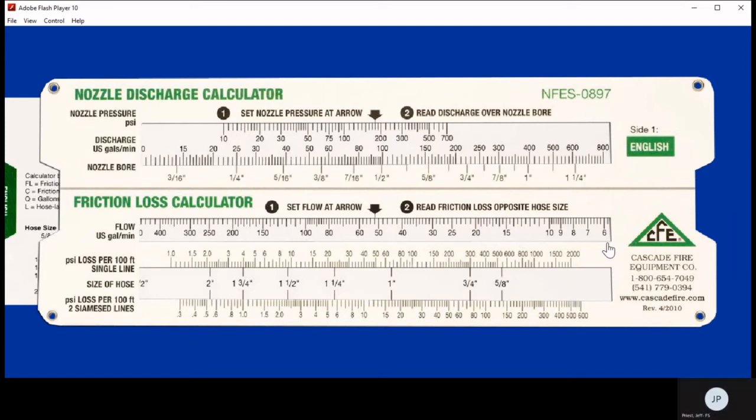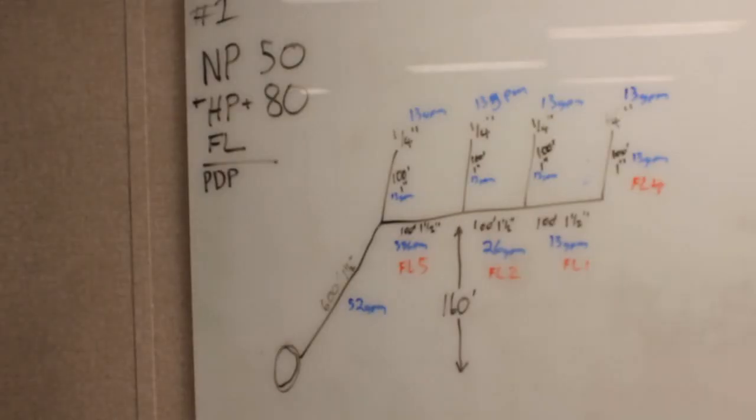Okay, and 52 gallons per minute, I'm looking at 1.5 inches, and it looks like it is just about 9.5, but it's just under 9.5, so I'm going to call it 9. Round to the whole number. That's 9.